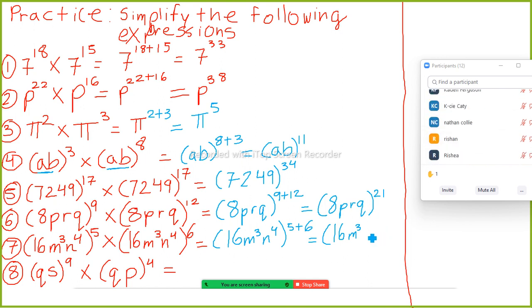Casey hasn't gone yet. So Casey, can you do number 8? Number 8 is interesting.